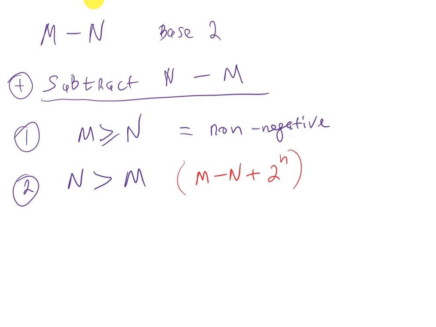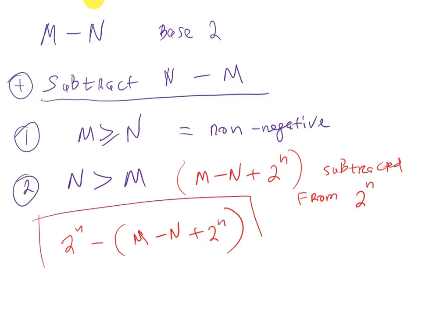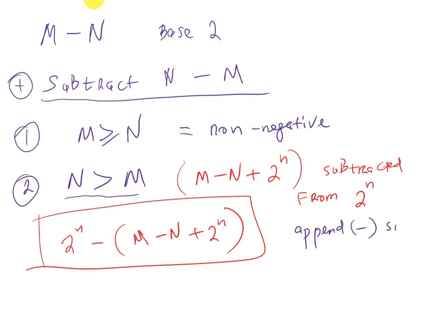The output of this is subtracted from 2 to the n, and then we append a minus sign to the result. So basically 2 to the n minus (m minus n plus 2 to the n) in the second case, and then we append the minus sign.